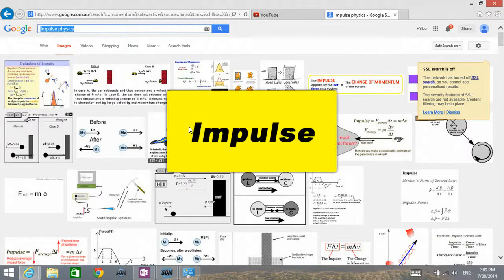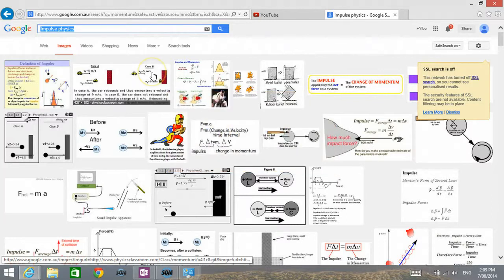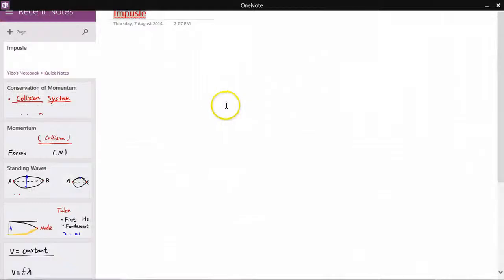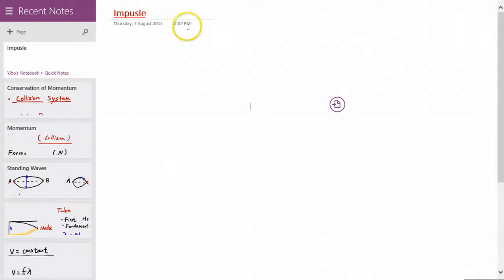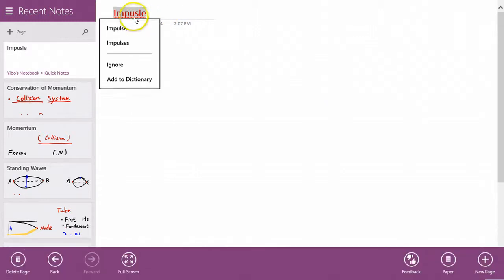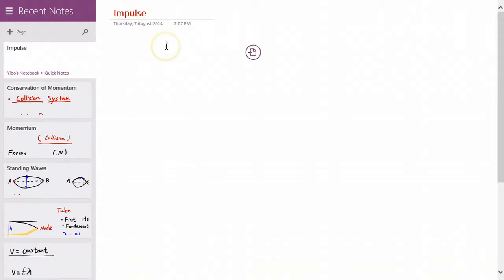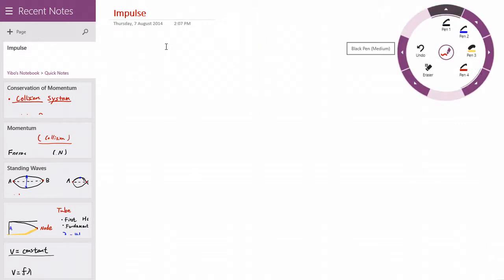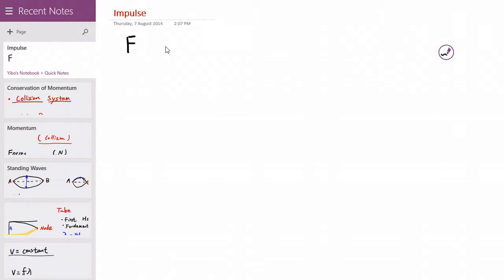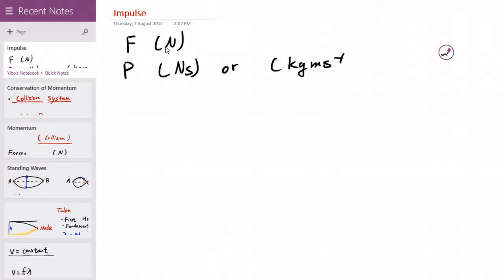Now we are going to talk about impulse. Remember, before we talked about force, measured in newtons, and momentum, measured in Newton seconds or kilogram meter per second.